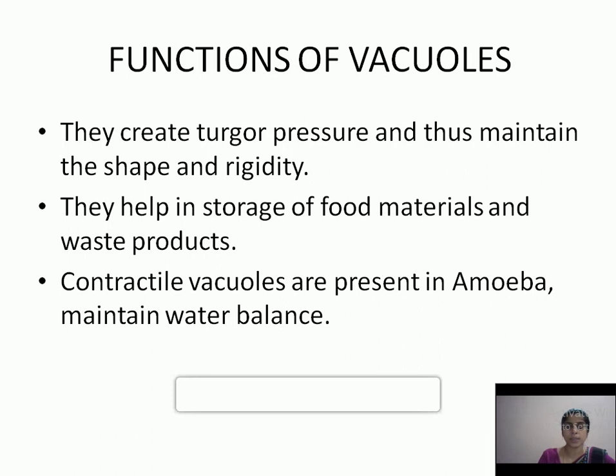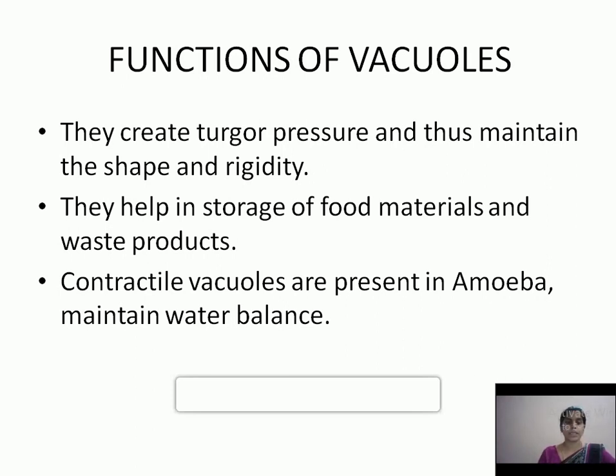So this turgor pressure is the force within the cell that pushes the plasma membrane against the cell wall. In plants, this entails the water moving from the low solute concentration outside the cell into the cell vacuole. This is known as what? Turgor pressure. I hope all of you understood this turgor pressure.